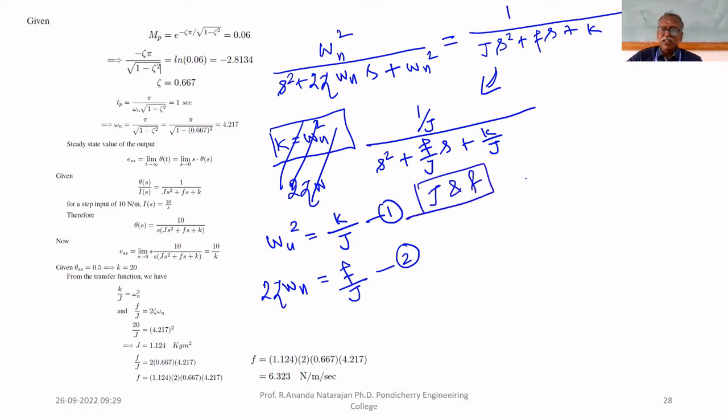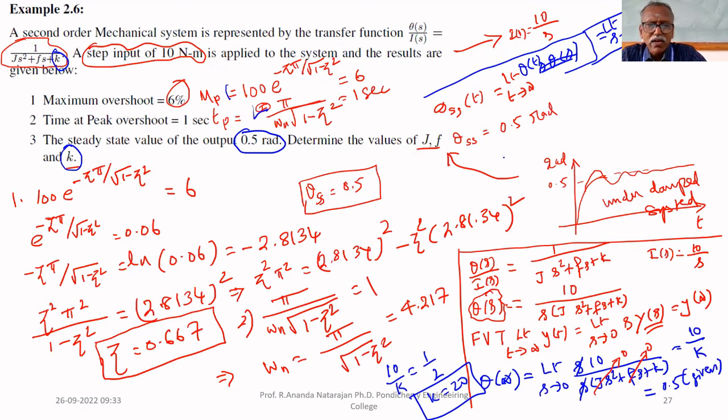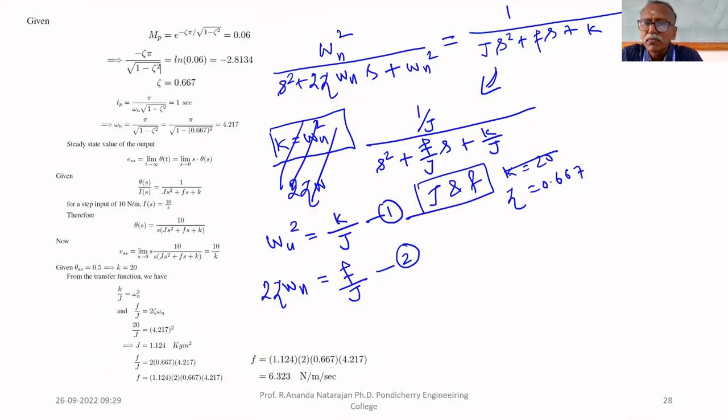Because we know that k equals 20 and zeta equals 0.667, we can find f and J. Omega n also we know, what we found here: omega n equals 4.217.